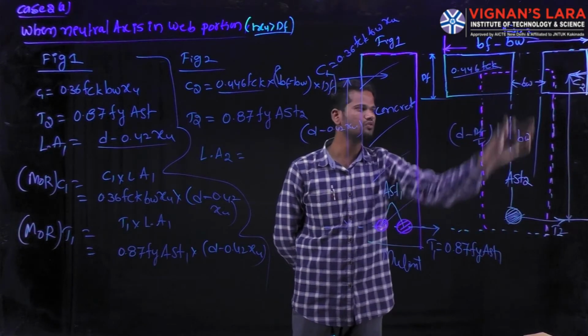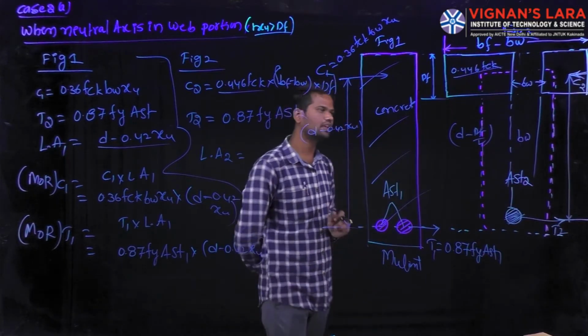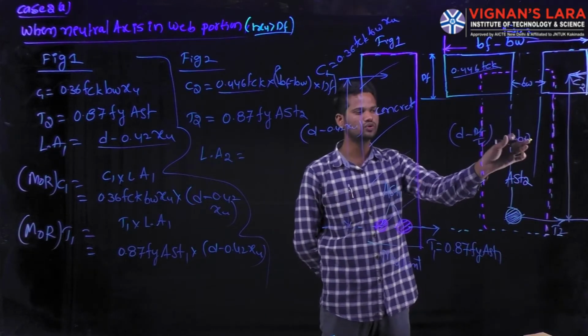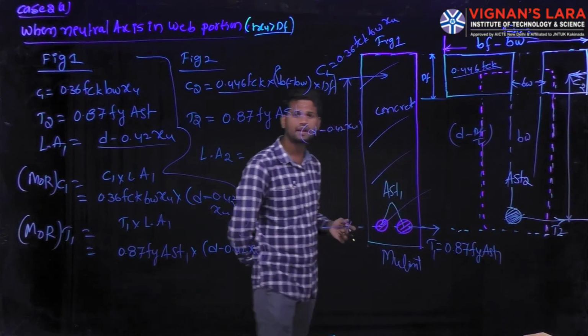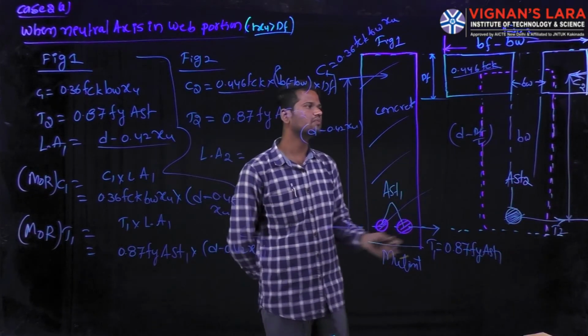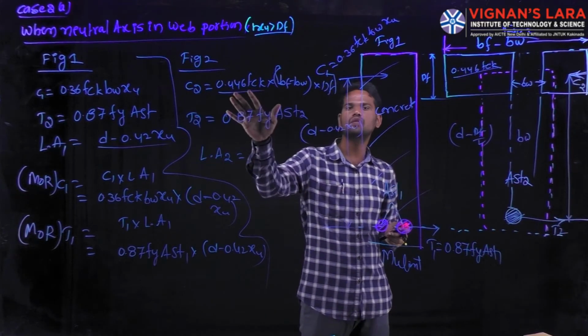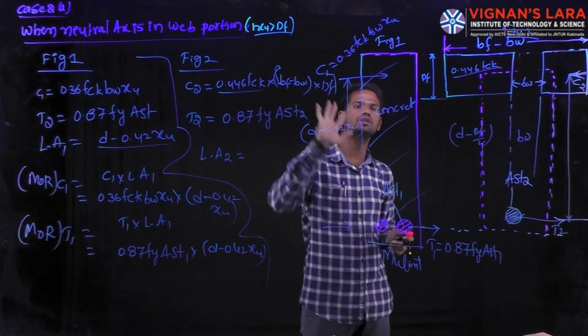This web portion we have to neglect; otherwise you could directly substitute bf, but we have already calculated this bw portion, hence we have to neglect it. We subtract the width bw. From this, the total compressive force equals 0.446 into fck into (bf minus bw) into df.